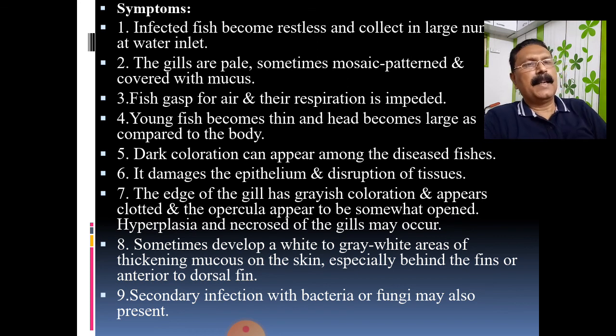At the healing stage, it makes a dark spot over the wound marks, and sometimes whitish gray color develops, a white area from thickening of mucus on the skin, especially behind the fins or anterior to the dorsal fin. And second, there is a greater chance of secondary infection also.